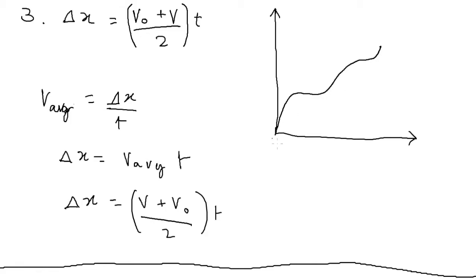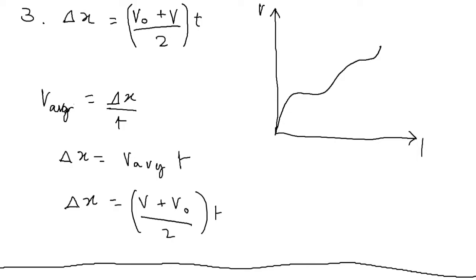But what you need to focus on, since we're dealing with average velocity, is the total distance over the total time. So that's just going to be a straight line. We're ignoring all the curves, though they may be there. This line will determine the average.